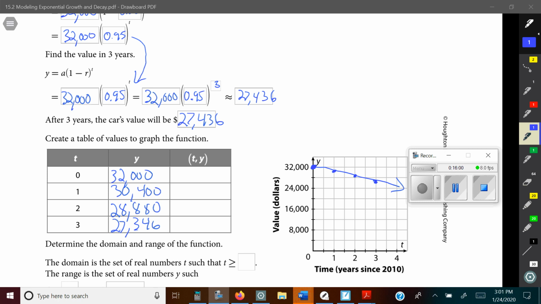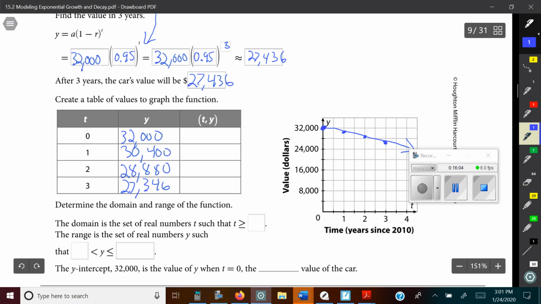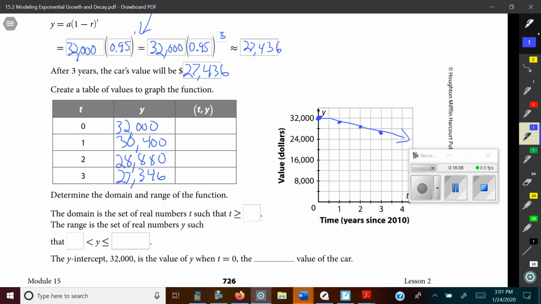Okay, so now we've got our graph, and what we want to do is answer these questions. This one is not asking about the asymptote, but we're just going to do the domain and the range, and then determine what the y-intercept means in context. So the domain is the set of all real numbers such that t is greater than or equal to 0.